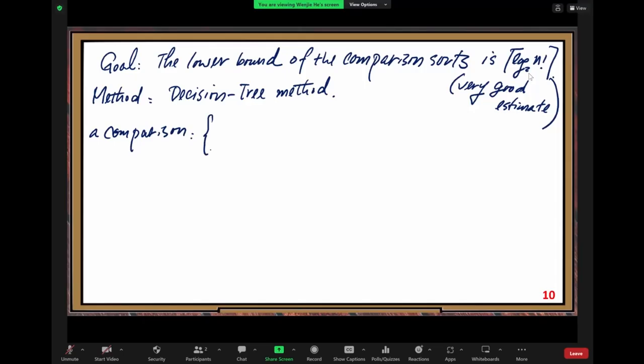When you do comparisons, how many different outcomes? A comparison between two elements, A and B: one, you have A less than B. Two, you have A equals B. And the third one, you have A greater than B, right? It looks like there are three different outcomes. But we want to combine the first two as A less than or equal to B, because after this combination, we get two outcomes.